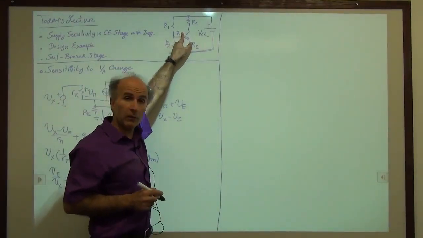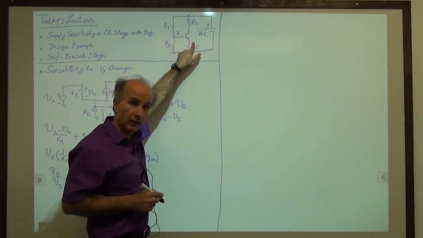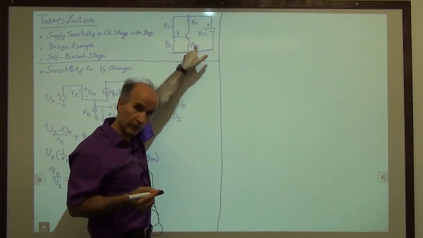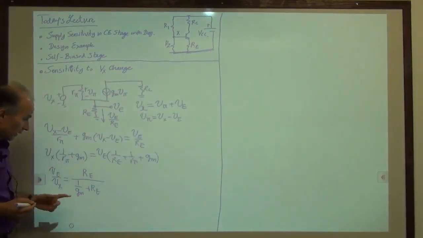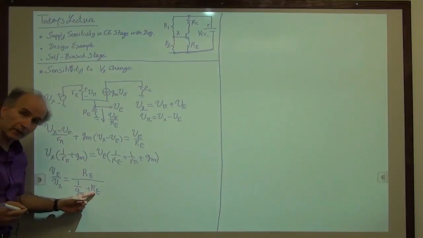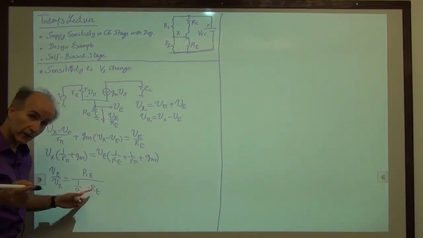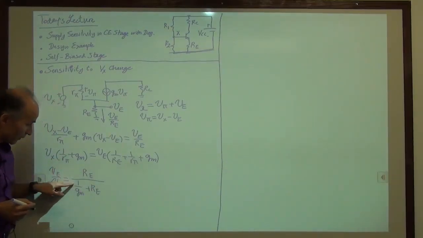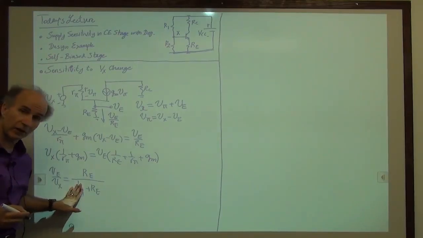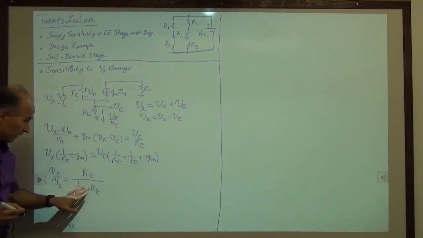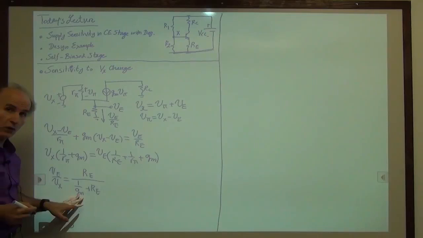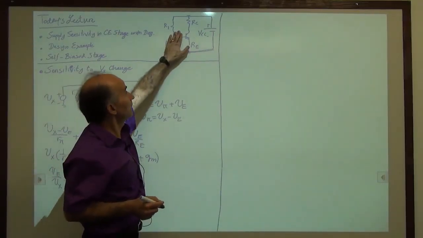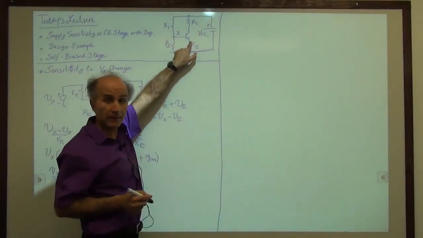If it changes by 40 millivolts, how much does it change by? Well, it changes by less than 40 millivolts, and that depends on how these two values compare. If it just happens that 1 over Gm is much less than RE, then this is close to 1. So a change here will create approximately the same change here.